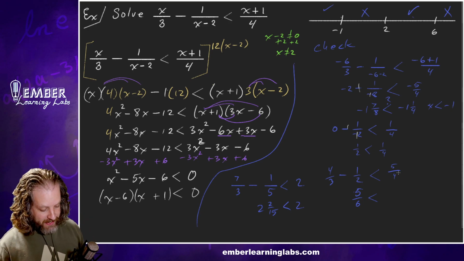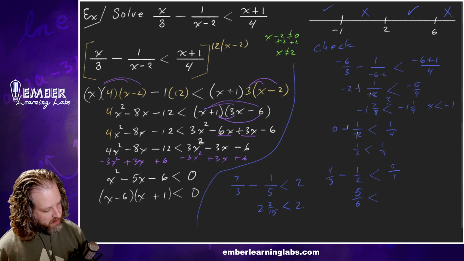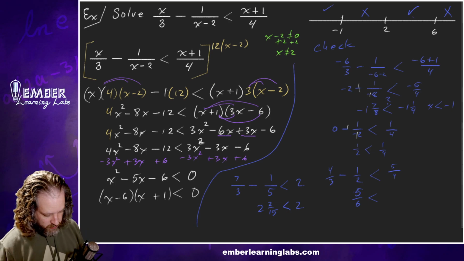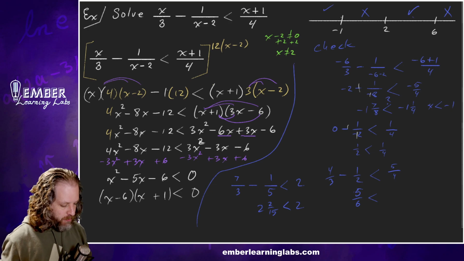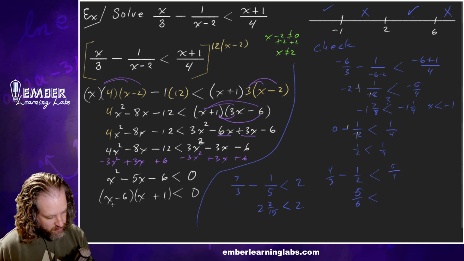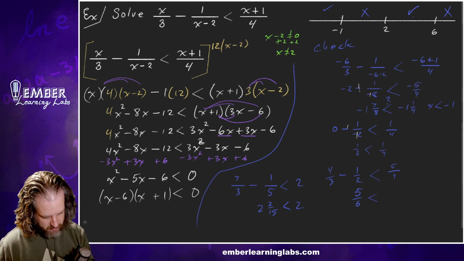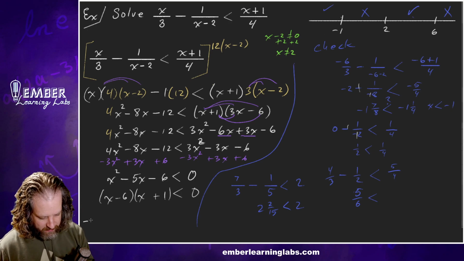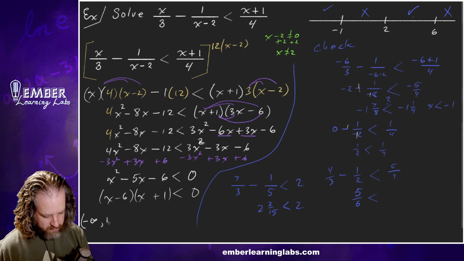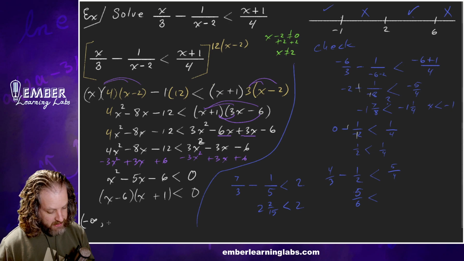So if we're going to write our answer in interval notation, which I think is going to be good because we've been practicing that this entire course, we've got negative infinity to -1, negative infinity to -1. That's a negative 1.